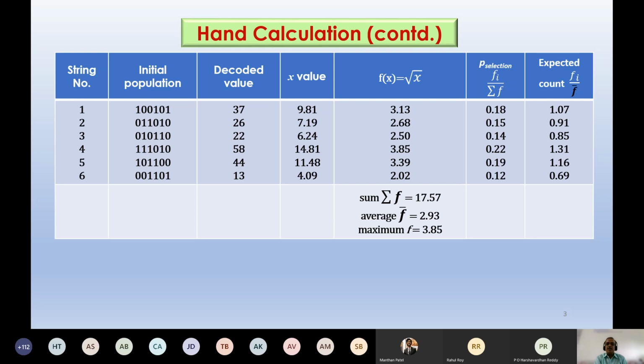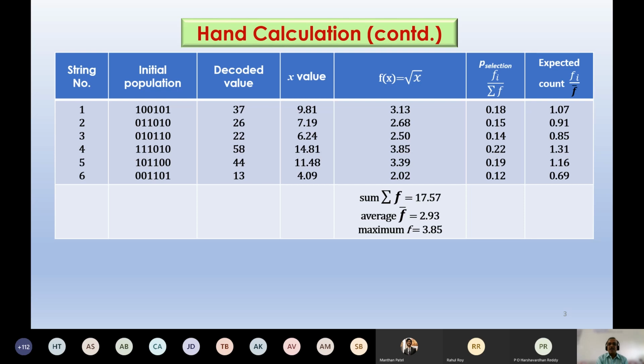And according to this proportionate selection, the probability of selection is nothing but Fi divided by the sum of all F values, the sum of the fitness values. So 3.13 divided by 17.57 is 0.18.